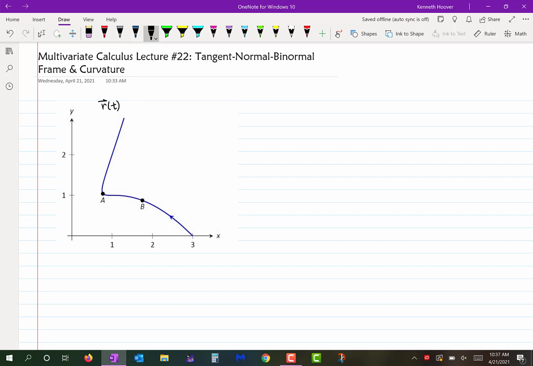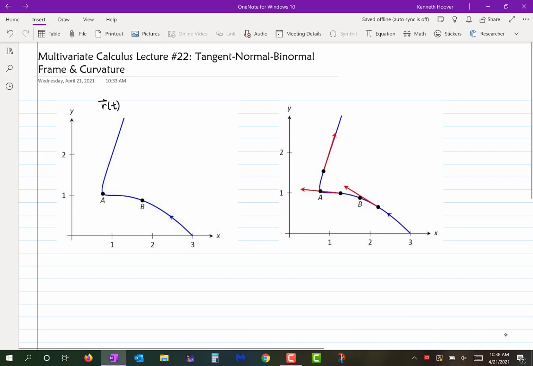All right, now, you would like some way to quantify the direction that the curve is traveling at any point, right? So an example would be like this.